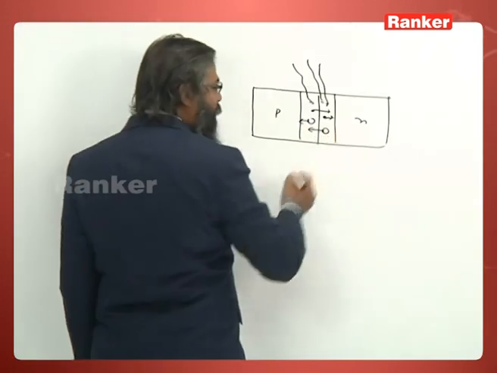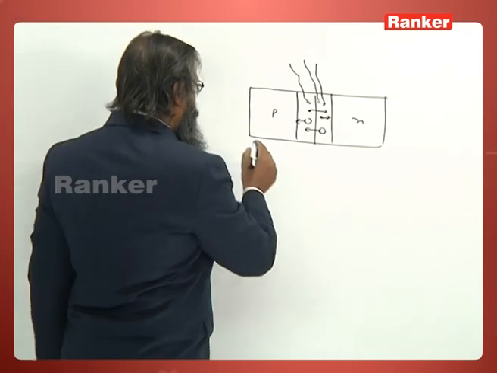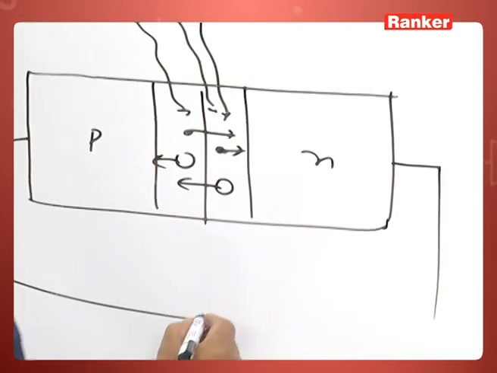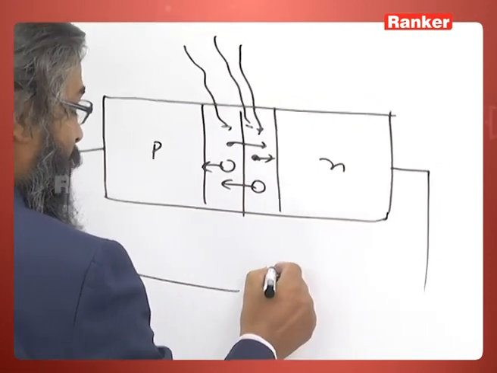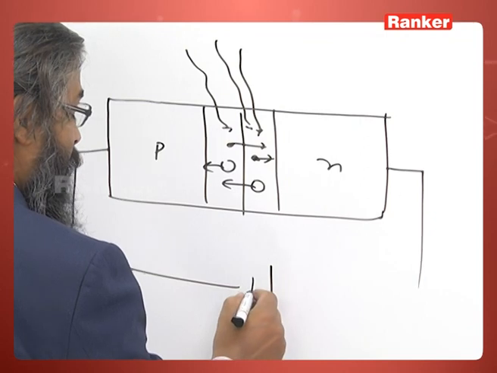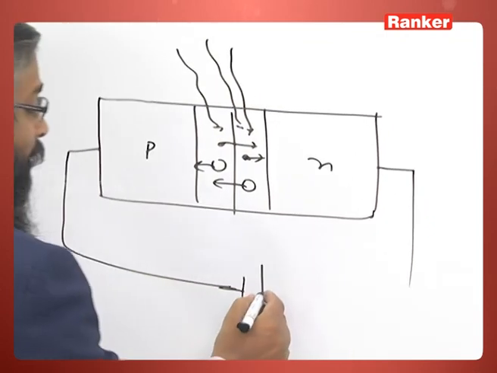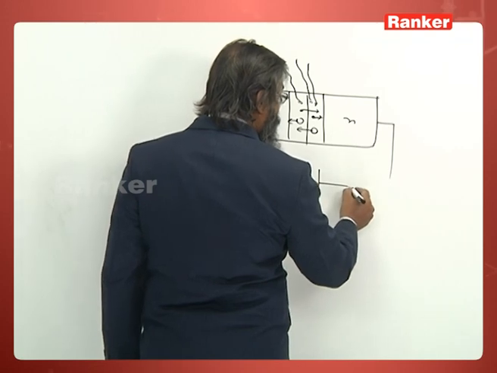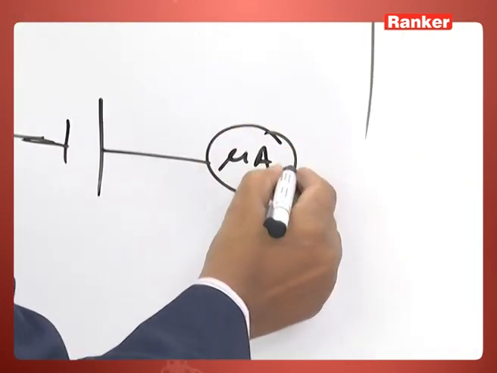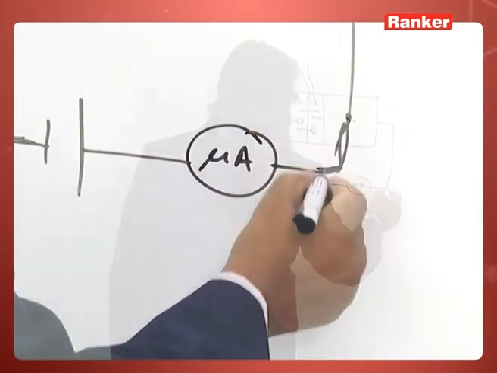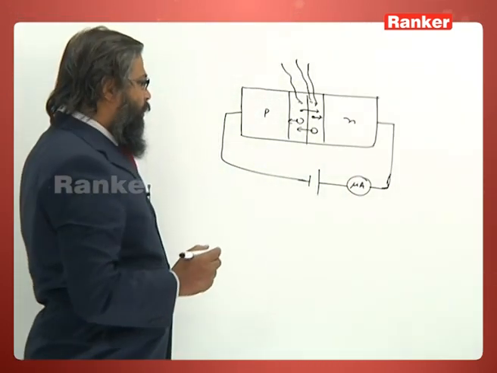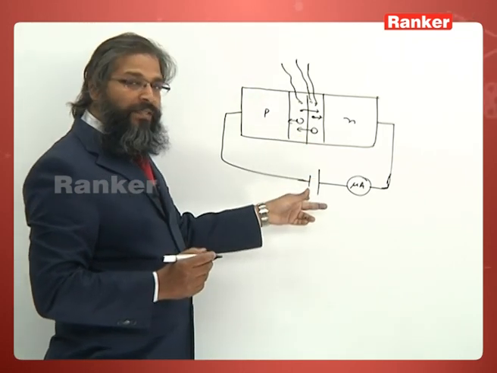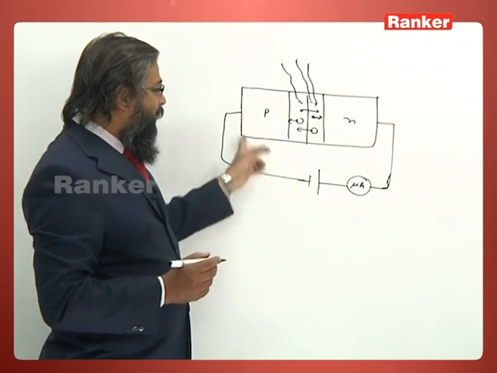I am showing only drift motion due to drift charge. Now, this photodiode is always reverse connected. So, this is N, so here positive, and this is P with the negative terminal. If we measure the current here in a microammeter, let us measure it. When the light falls here and there is a reverse bias, then we will see the current flows in this external circuit.